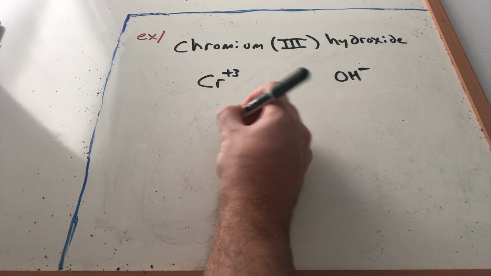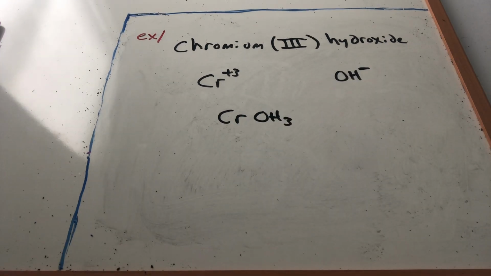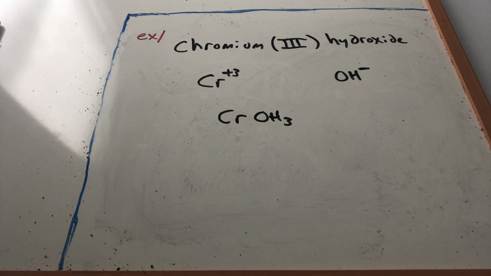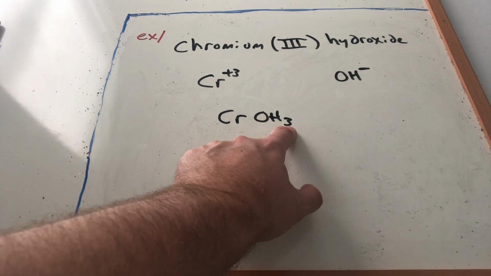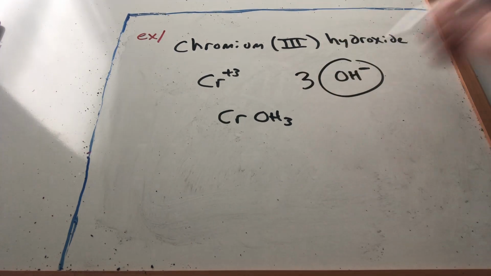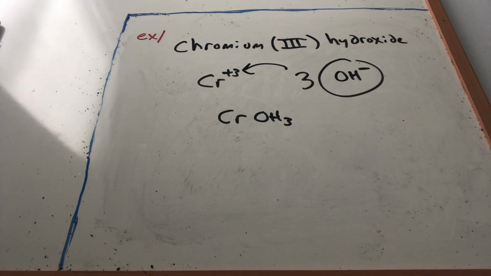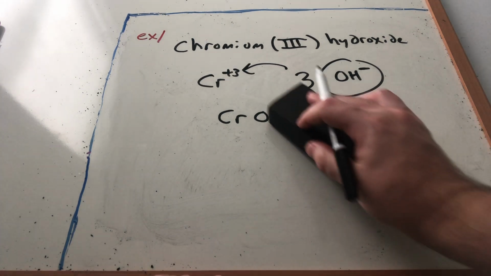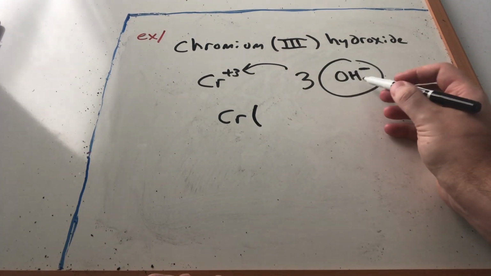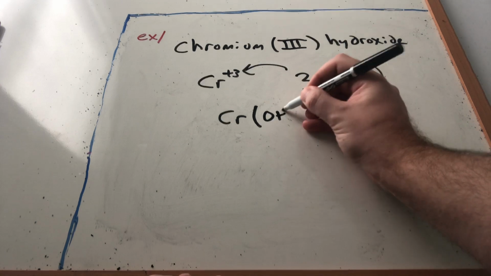So I'm going to make a mistake in how I write this, CrOH3. Now, why this is a mistake is you kind of are losing information here. Is it OH3, right? Well, no, we really want 3 of these OH minuses to balance out this plus 3. So in our formula, what we do is we use parentheses. Remember, we view these polyatomic ions as big chunks of charge, right?